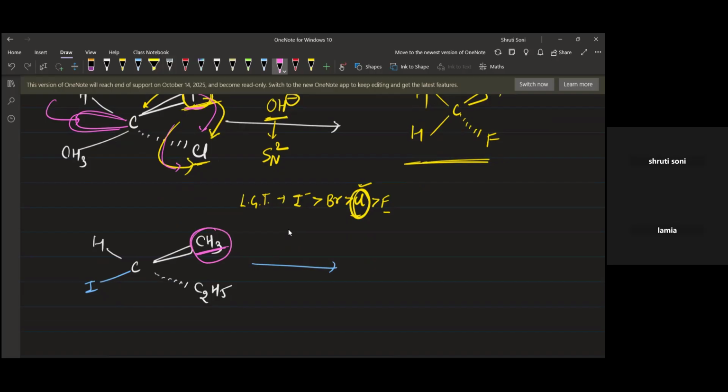So what I'll do, I will attach any group which is on the dash direction to this place and the upcoming nucleophile on the opposite direction. You only need to do that, because in case of SN2 you need a backside attack.